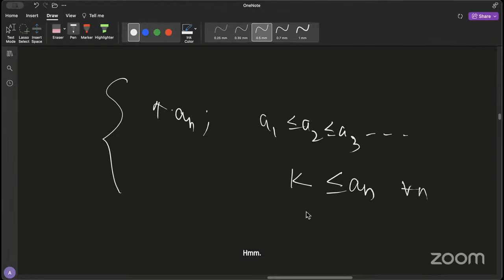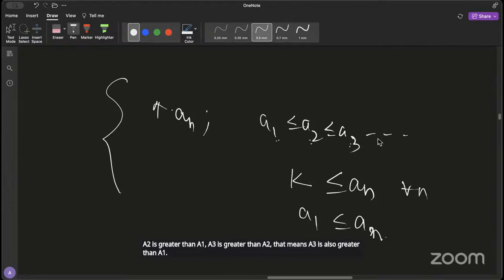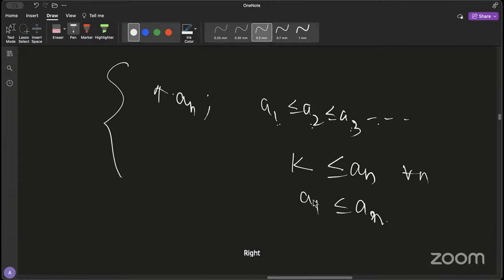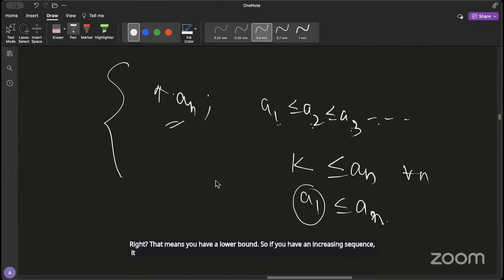So can't I take a1? All terms are greater than a1, right? a2 is greater than a1, a3 is greater than a2. That means a3 is also greater than a1. Same goes for a4, then a5, then a6, right? That means you have a lower bound. So if you have an increasing sequence, it is obvious that it's bounded below.